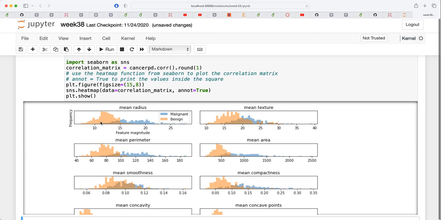So that could tell you that the mean radius is a good kind of parameter or feature for telling whether this is a benign tumor or not. If you then look at other properties like this mean smoothness, there you see a much larger overlap between benign and not benign cases. And then you could say that this is perhaps not a good indication of you being able to sort out what is a benign or not benign tumor here.